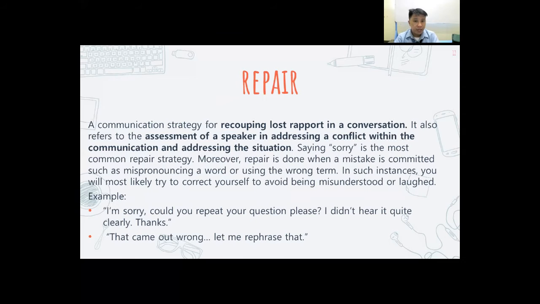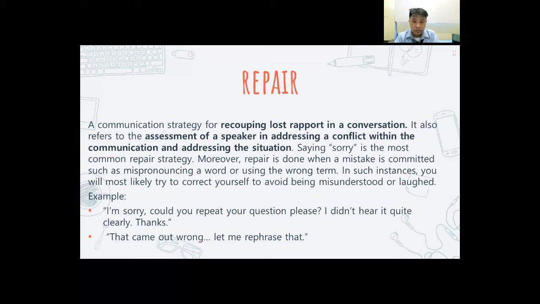So, repair. From the word repair, you are recouping a lost rapport in a conversation. This is an assessment of a speaker in addressing a conflict within the communication and addressing the situation. For example, saying sorry is the most common repair strategy.